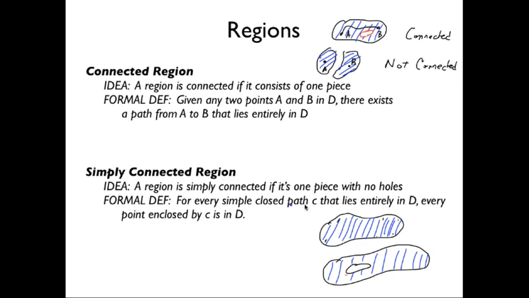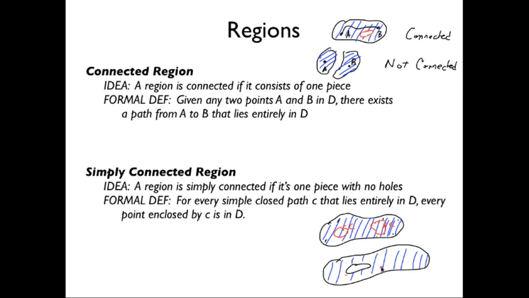So for every simple closed path that lies entirely in D, every point enclosed by C is in D also. So it's saying if it's simply connected, no matter what little closed path C I pick, now the inside of C is all points of D.